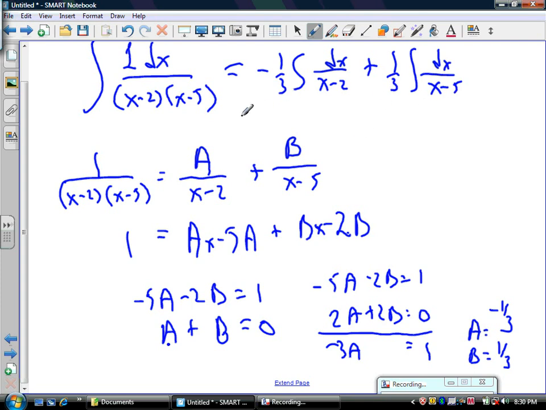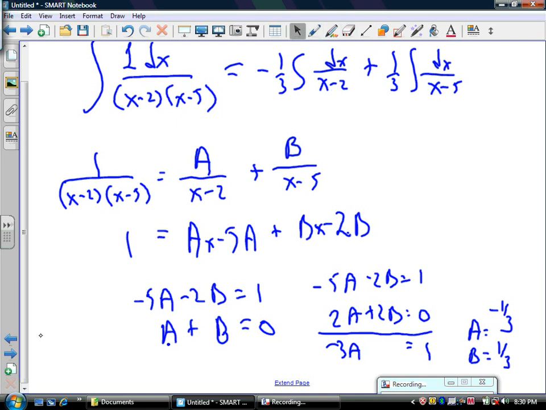Okay, so now you know how to integrate this, right? What do you get? What's the antiderivative of 1 over x minus 2 dx? ln. In other words, if u is x minus 2, du is dx, right? So this is 1 over u du. How do you integrate 1 over u du? ln u, right? Okay, wait.